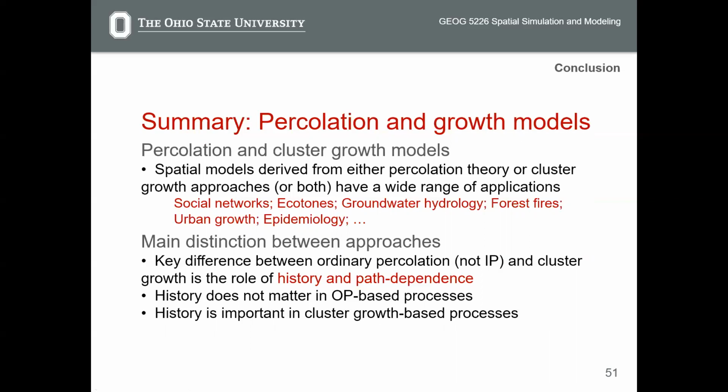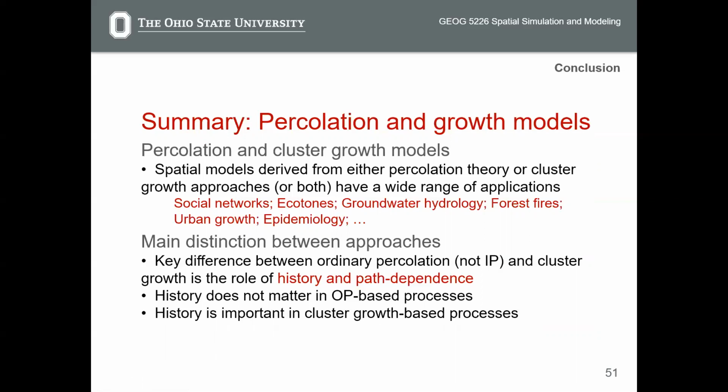The main difference is that history does not matter in ordinary percolation based processes. But on the other hand, history is important in cluster growth based processes. In Eden growth and DLA, we know that the sequence of occupying cells, or in DLA, the trajectory, the history of that walker matters.